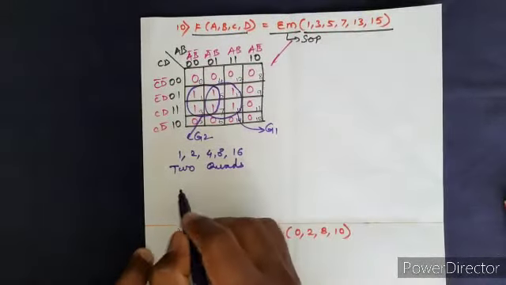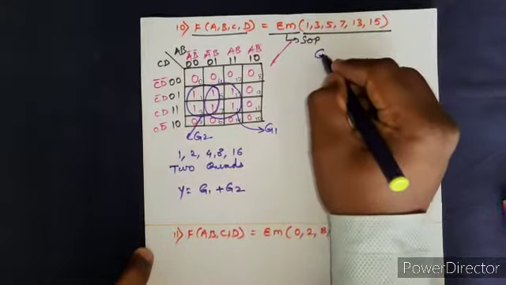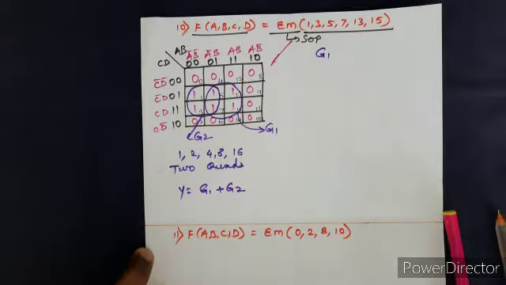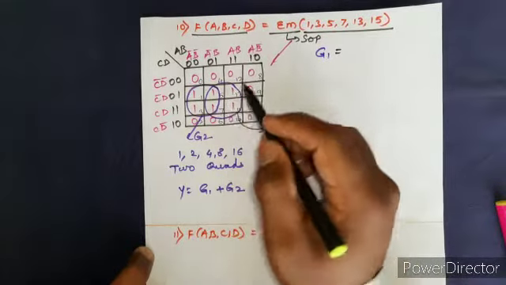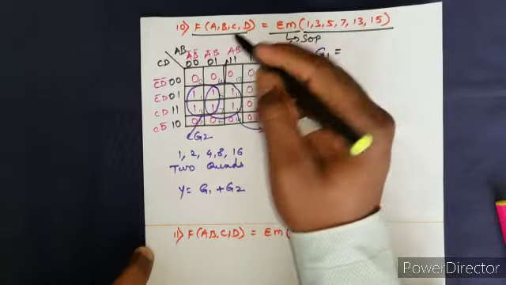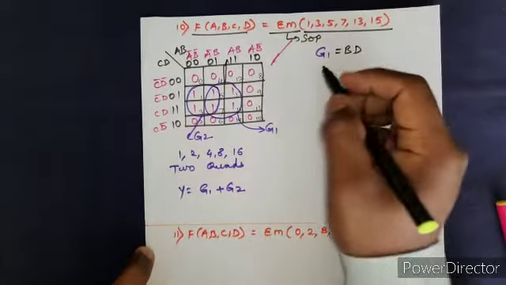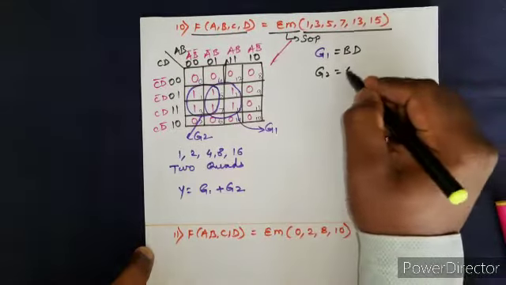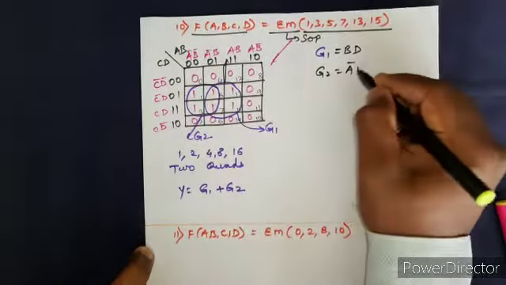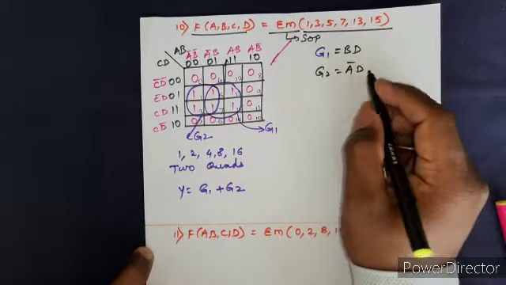Now consider this as group 1 and this as group 2. So my Y is group 1 plus group 2. Now what is my group 1? Group 1 is equal to, now you can directly write the equation. Group 1, if you go this way it is B, and if you go this way it is D. Correct? Group 2 is A bar and D, right?